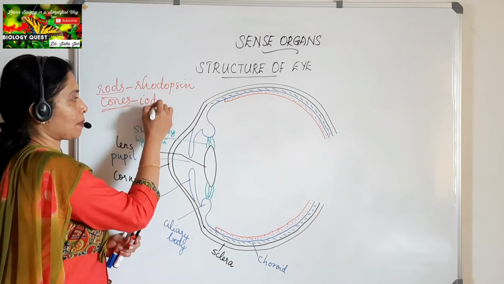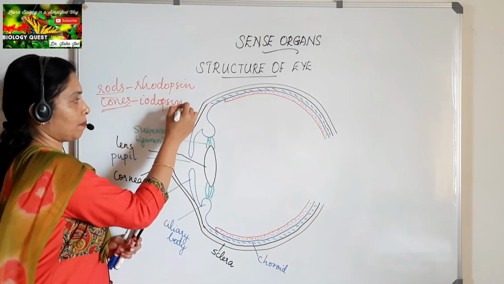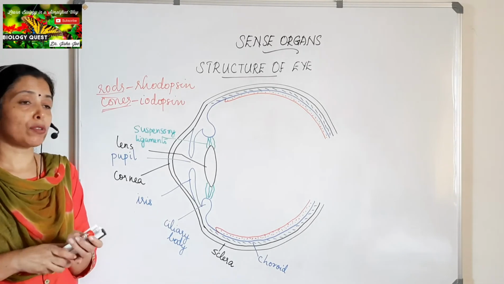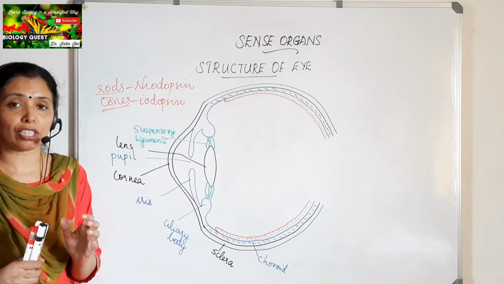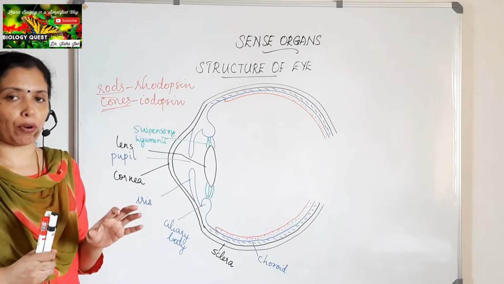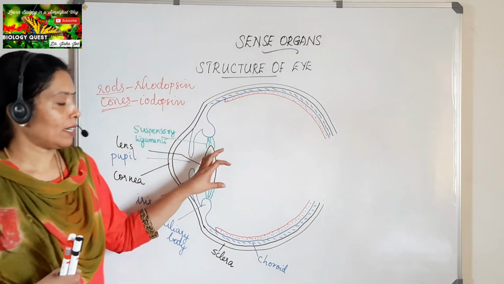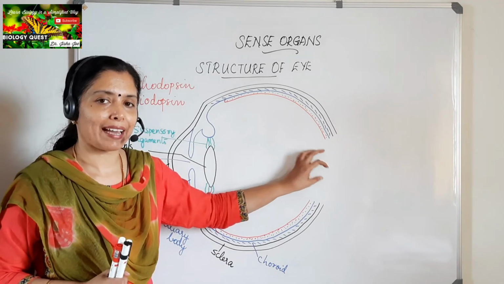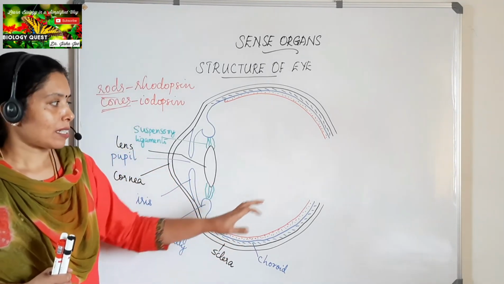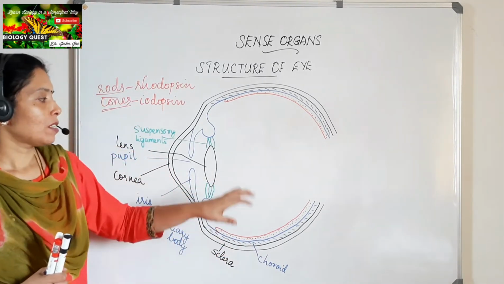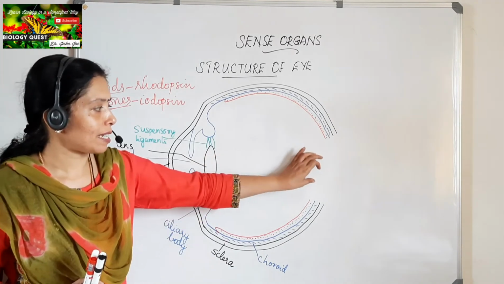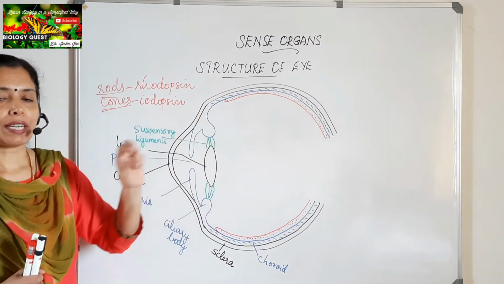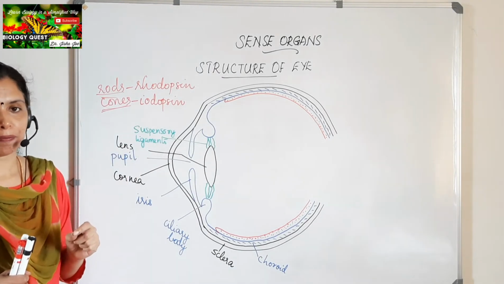And the cones are mostly distributed at a region called the yellow spot. The yellow spot is seen exactly opposite to the lens on the horizontal axis of the eye. I will be drawing that now. It will be almost at this particular region. So cones are mostly concentrated on the yellow spot.